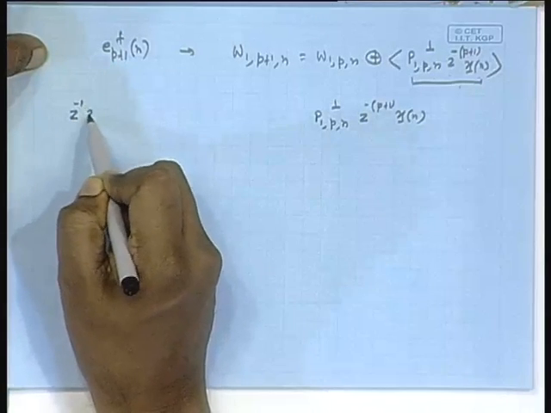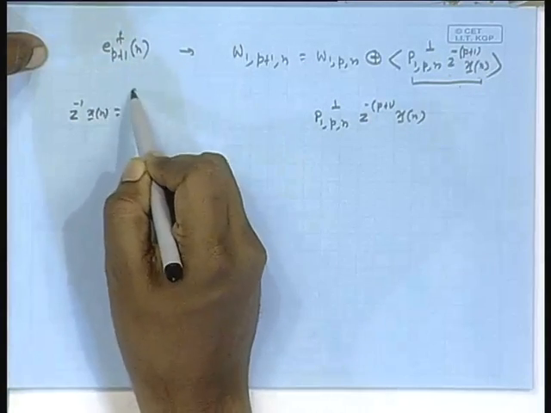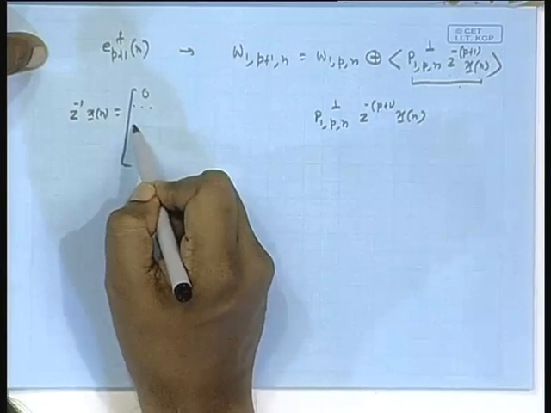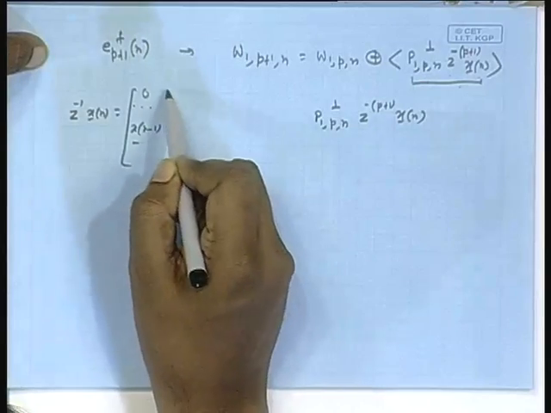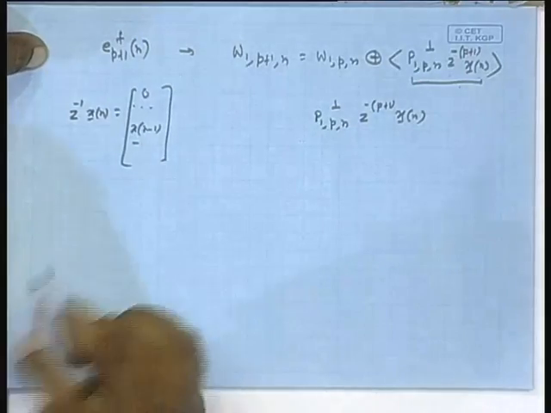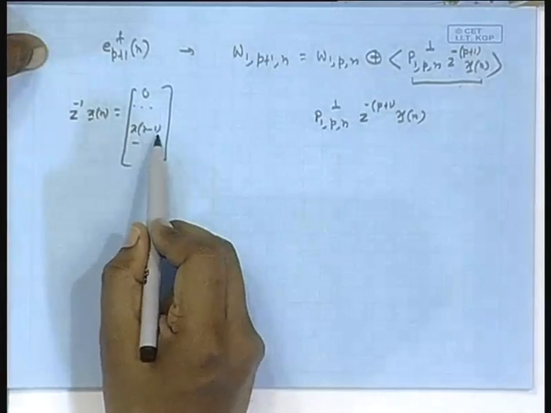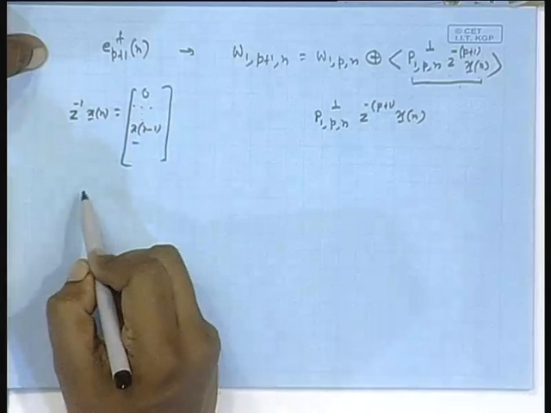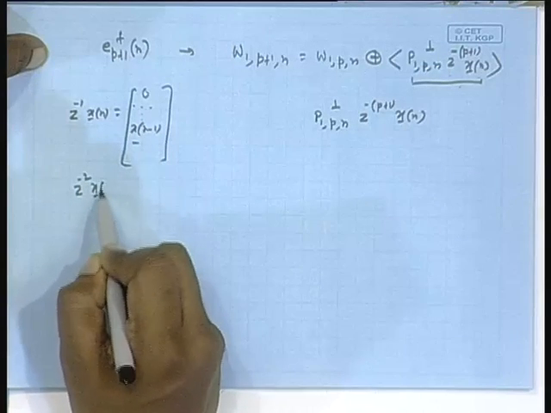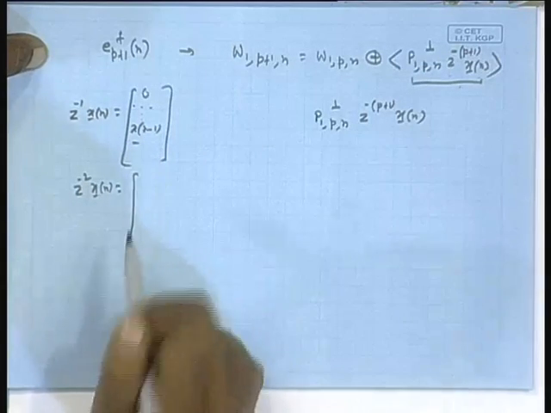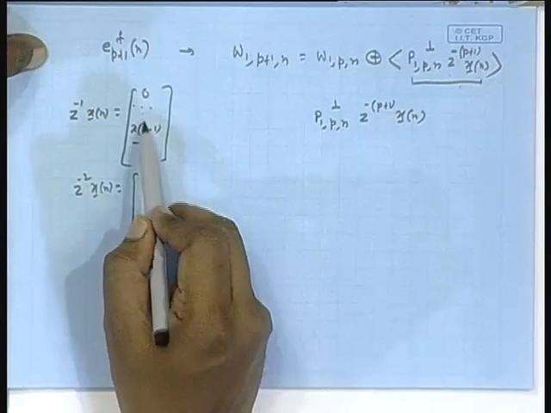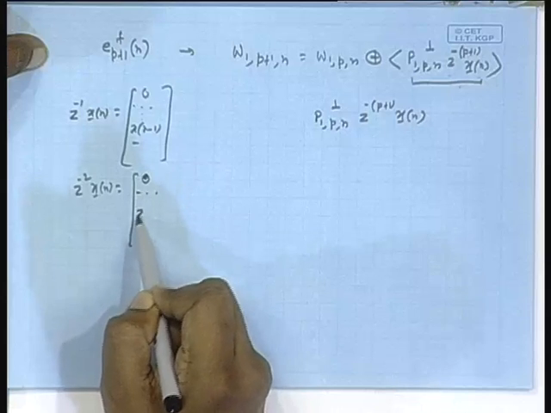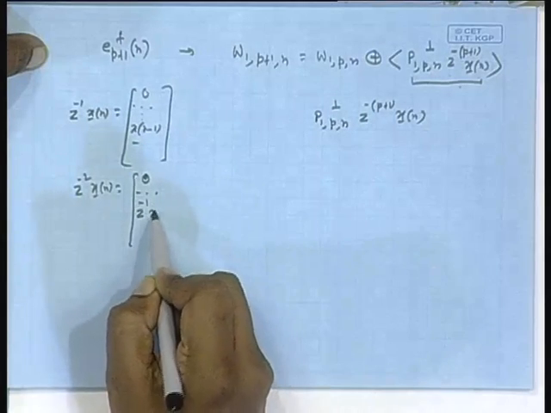Z inverse x n is what? 1 0 and then x n minus 1 vector I can write. X n minus 1 vector starts at x 0 x 1 dot dot dot x n minus 1, and a 0. Z inverse 2 x n is actually 0 0, then x 0 it goes to x n minus 2. So, I can write that as 0 and then here Z inverse I can apply.